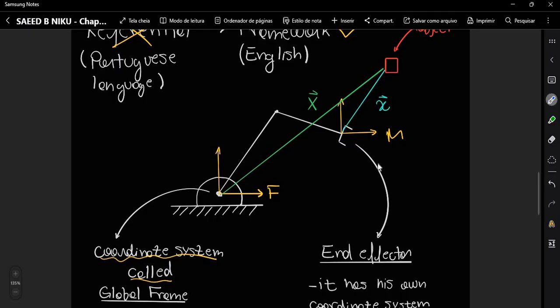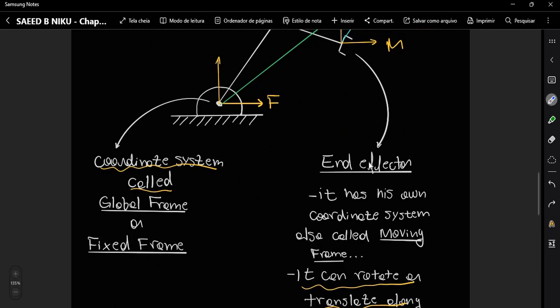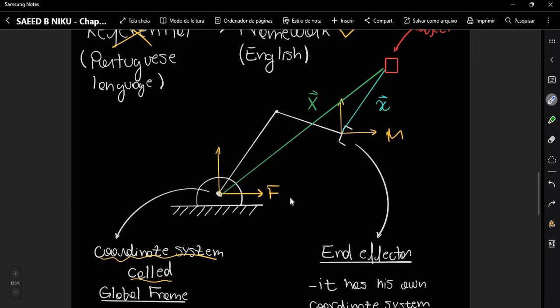Right here, we have this reference system or coordinate system, as you can see, and it is also called a global frame or fixed frame, but I'm calling it reference system.